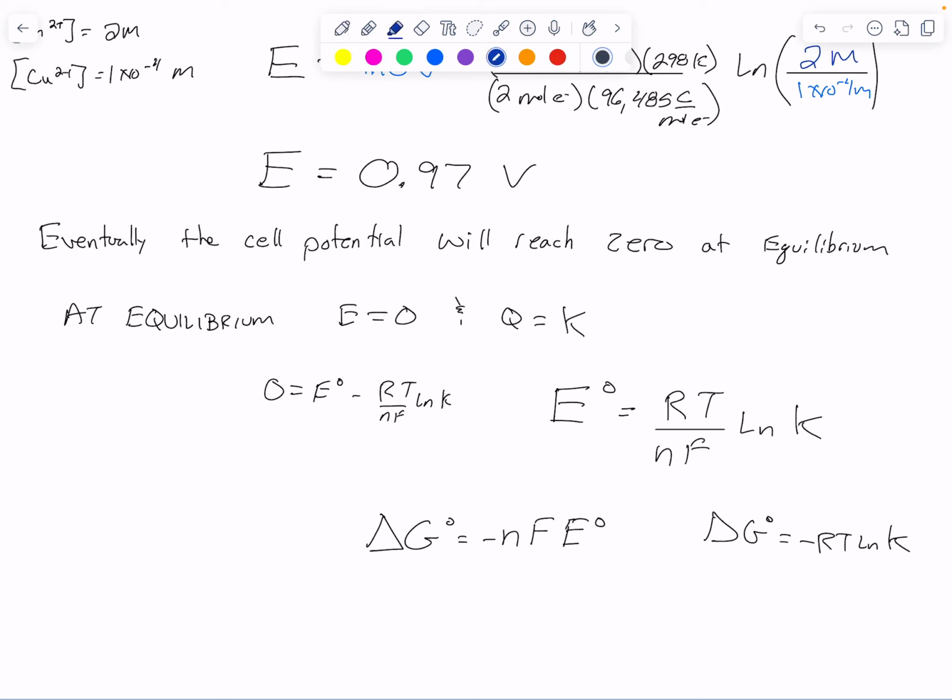If I have a standard reduction potential, if I have electron transfer, I can get delta G, or if we have equilibrium.